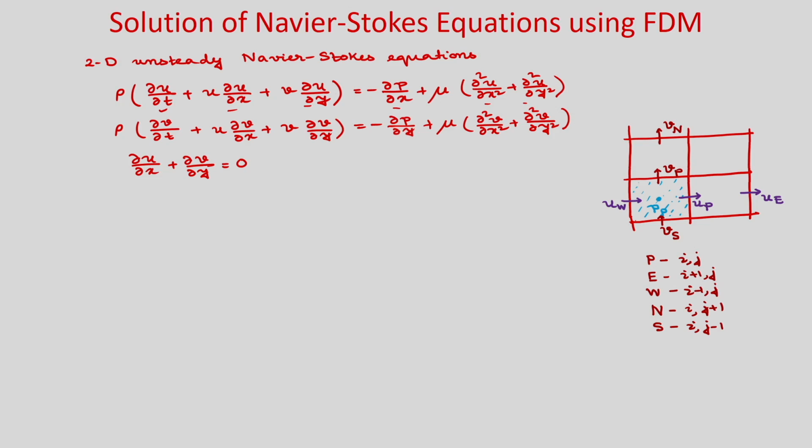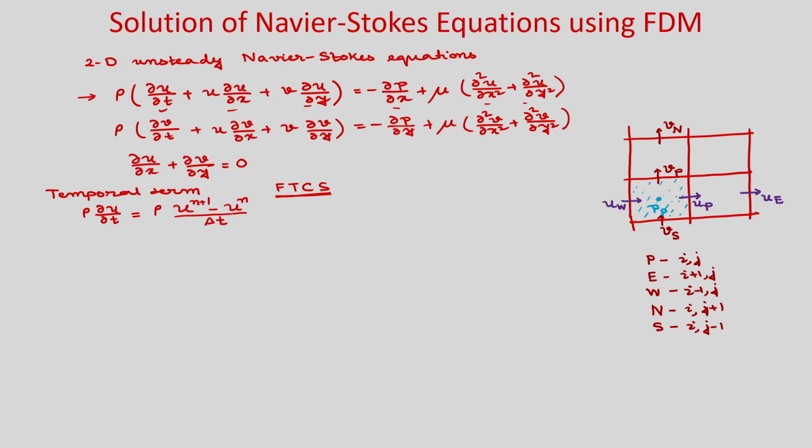Okay. So, now let us discretize these equations. First, let us discretize the temporal term. First we will derive for the x momentum equation, rho del u by del t. We will use forward time and central space, because we discussed that in the MAC algorithm we use forward time and central space. So, rho del u by del t, you can write as rho times u n plus 1 minus u n divided by delta t.